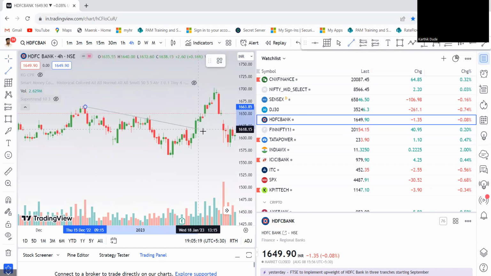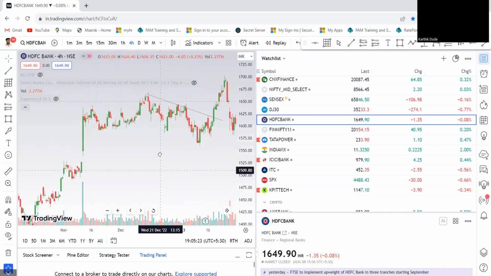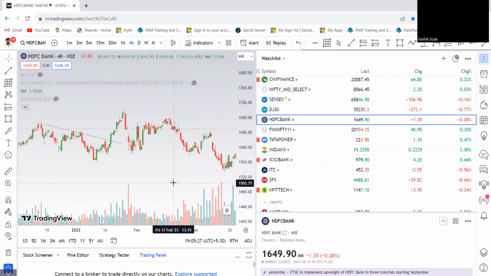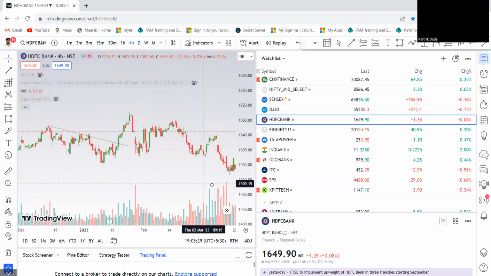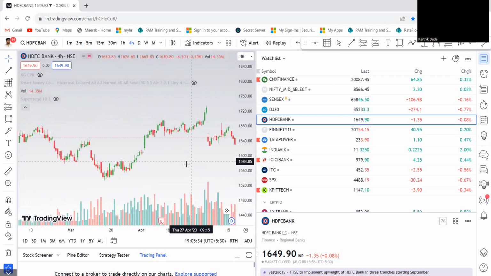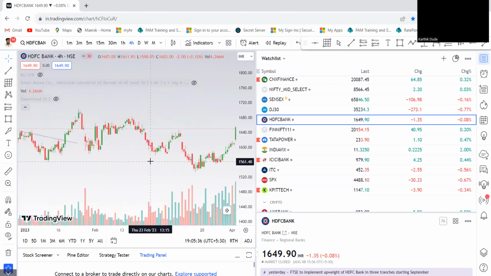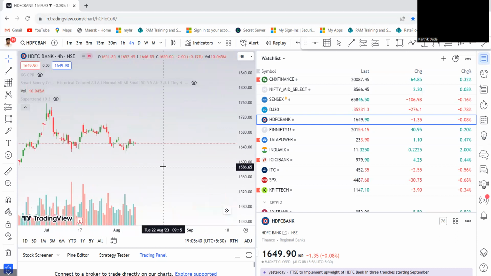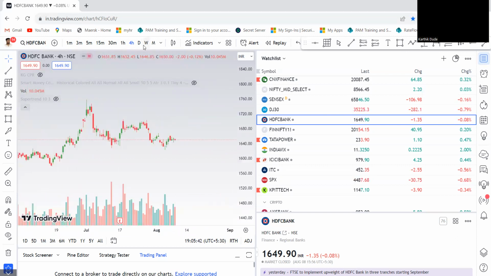Okay, it's not exactly the ascending triangle. That pattern is something different, which we'll discuss later in the chart. Let's check the weekly.